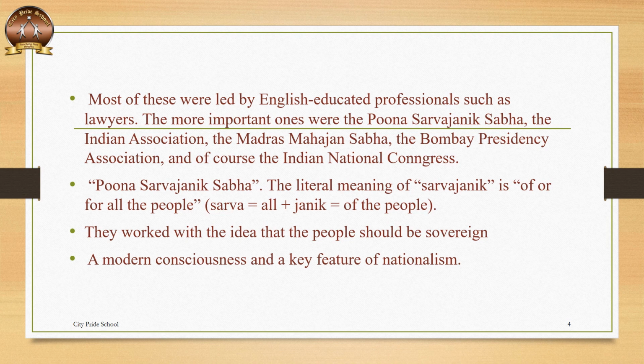For this, various political associations were formed after 1850. Most of these were led by English educated professionals such as lawyers. The most important ones were the Pune Sarvajanik Sabha, the Indian Association, the Madras Mahajan Sabha, the Bombay Presidency Association, and of course the Indian National Congress.